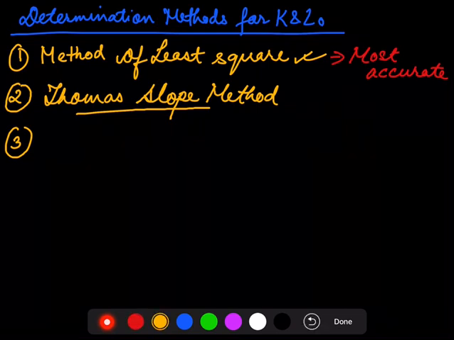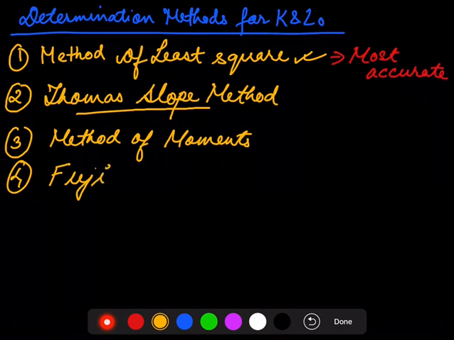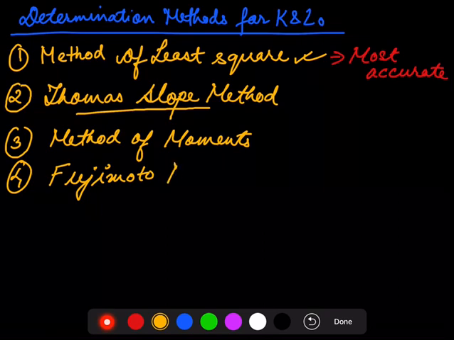Third method is method of moments. Fourth method is Fujimoto method. This is a graphical method.